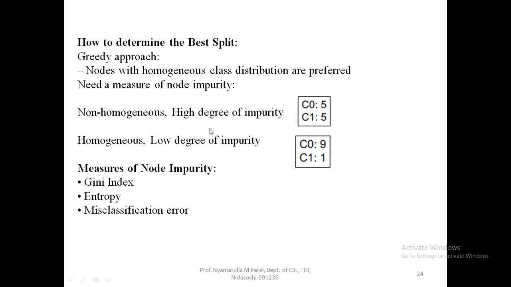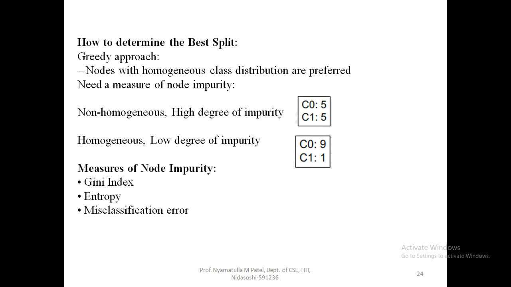A good split is one which is homogeneous with low degree of impurity, and a split is not said to be a good split if it is non-homogeneous and has a high degree of impurity. So, based on the high or low degree of impurity, we are classifying a particular split as either non-homogeneous or homogeneous.